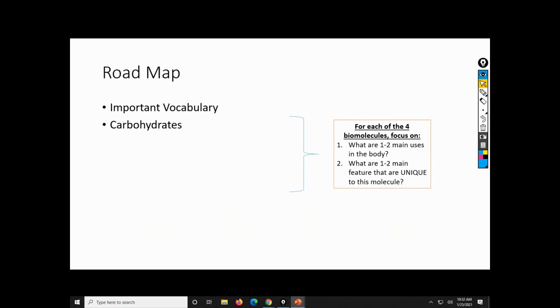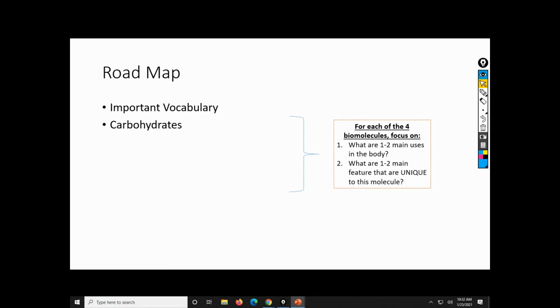Okay. So we're going to start walking through our 4 biomolecules. On my roadmap back up here, you see I have my help box. So remember, as we go through here, the big key is how can we stay goal-oriented? For each, I really want to stay focused on what these biomolecules do, right?